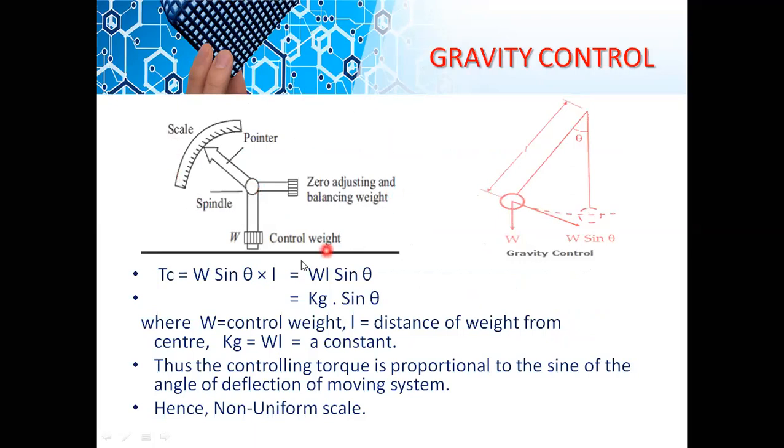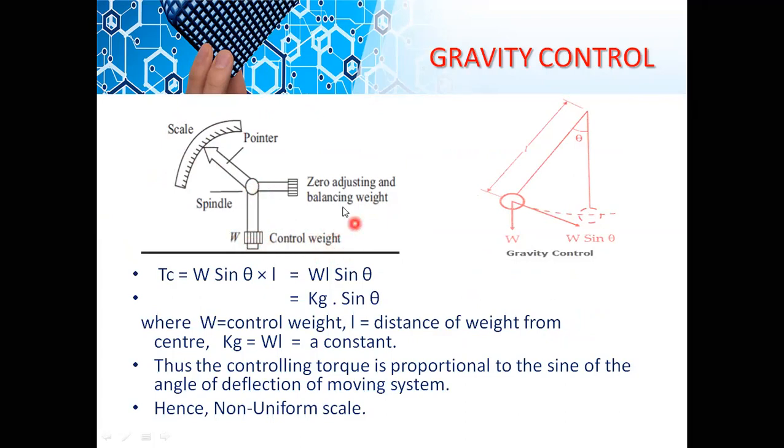So this is a gravity control measuring instrument. This is the plan, the top view of the spindle, and this is our pointer which is trying to move over the graduated scale. To this spindle we have weights attached.